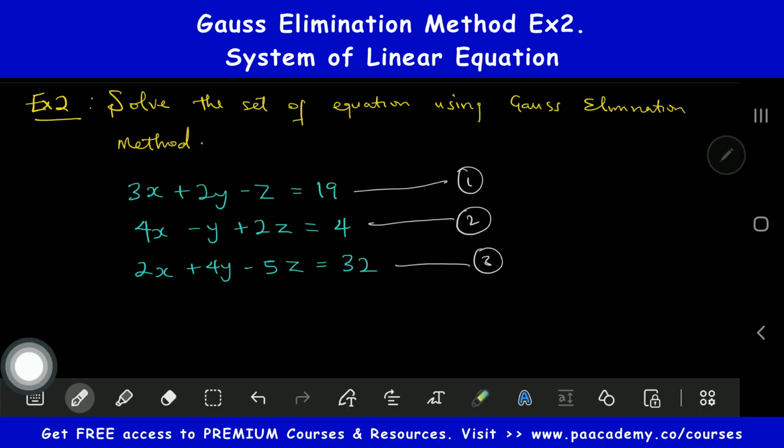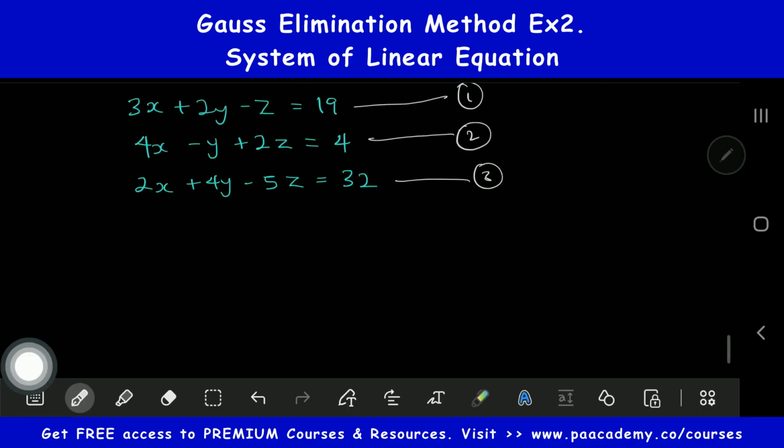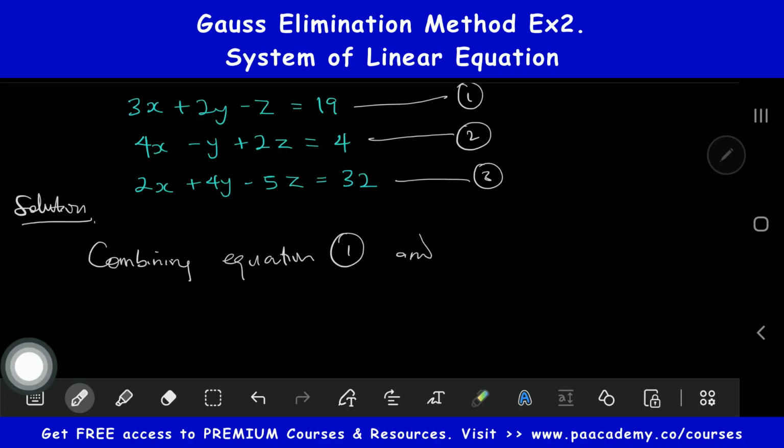So for this, I'm going to be combining equation 1 and 2. I've started the solution already, so let me say combining equation 1 and equation 2. To work with equation 1 and 2, you can see that if you decide to add or subtract anything, it can't cancel either x, y, or z.